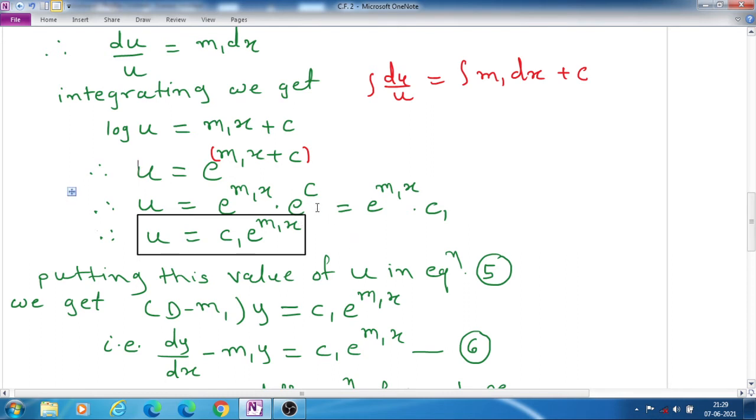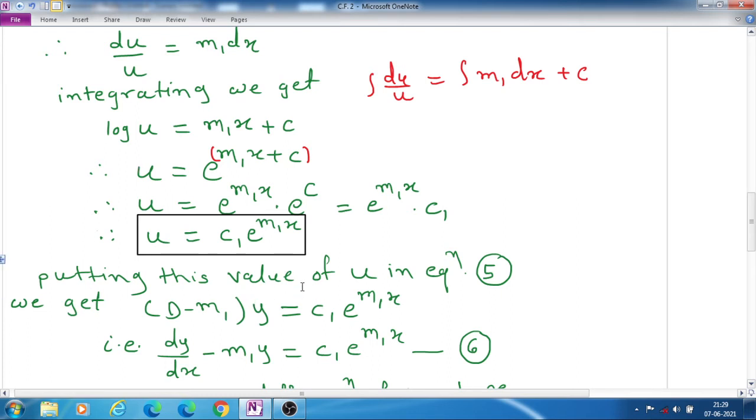Now e raised to c is a constant, therefore we put for that c1. So this is equal to e raised to m1x into c1. Therefore u is equal to c1 into e raised to m1x. So we found the value of u.